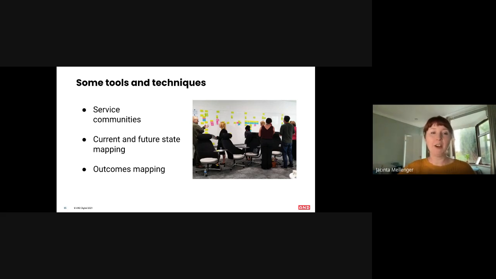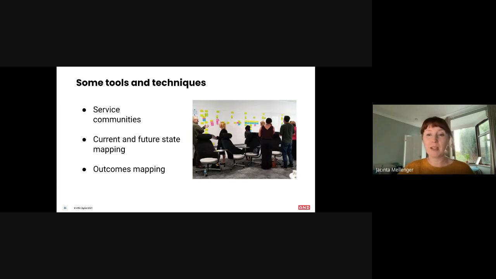We found that often these separate entities don't talk to each other or don't understand each other's processes, which means that service users easily fall through the cracks, or they don't reach their end goal, or they can reach their end goal but experience lots of pain and it takes lots of time.